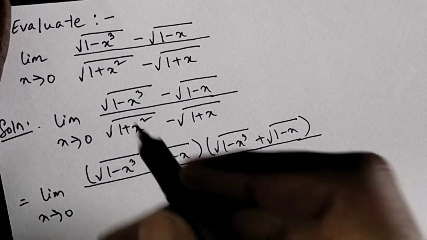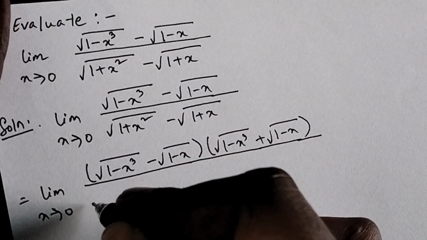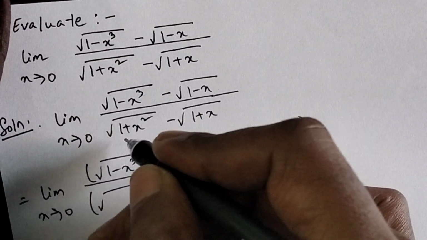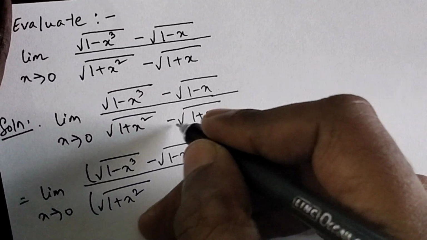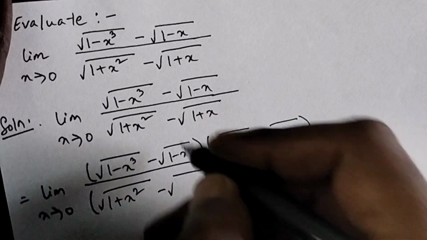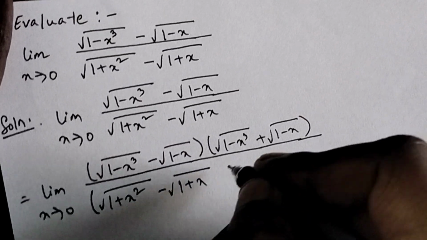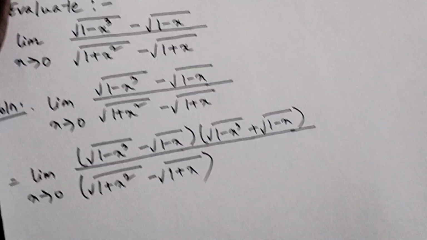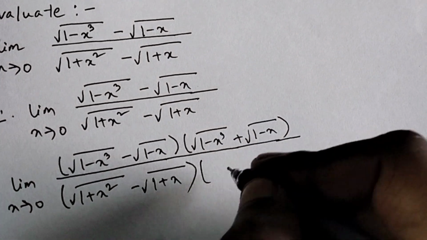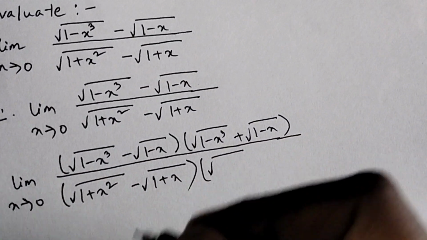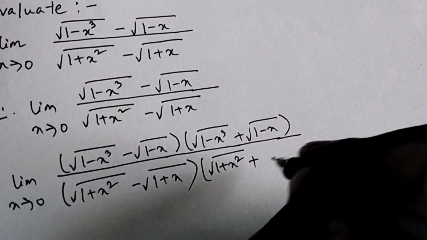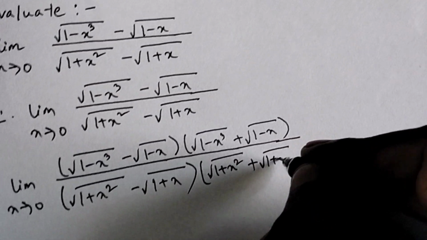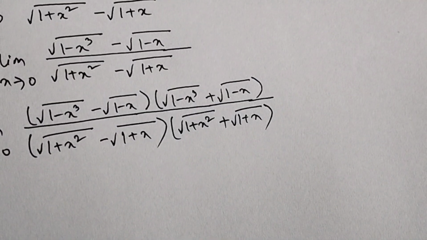And in the denominator you see, under root 1 plus x square minus under root 1 plus x, into under root 1 plus x square plus under root 1 plus x. Clear?